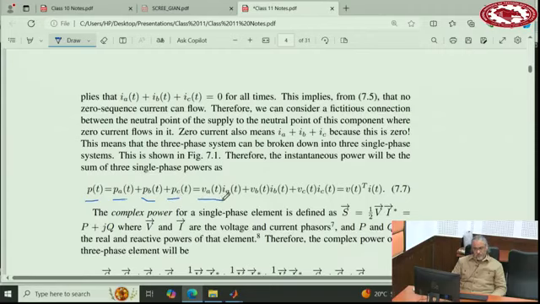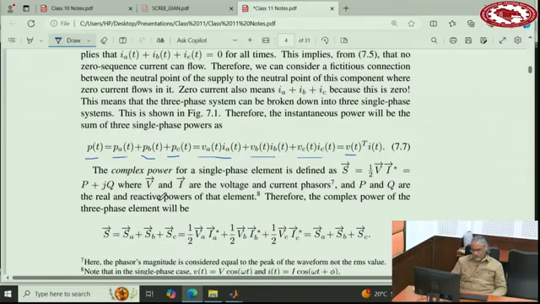For the first circuit it is V_A I_A, for the second circuit V_B I_B, for the third circuit V_C I_C. In terms of vector notation, you can say V transpose times I. We consider column vectors. When you transpose that, it becomes a row vector. So a row vector times a column vector basically gives you this.